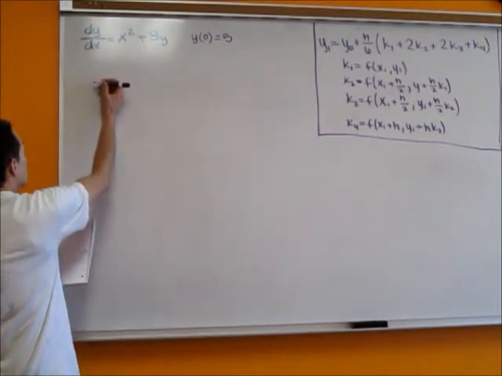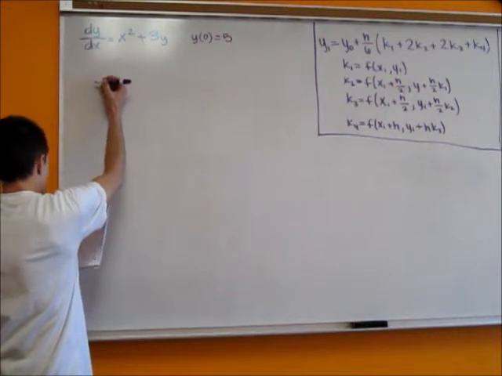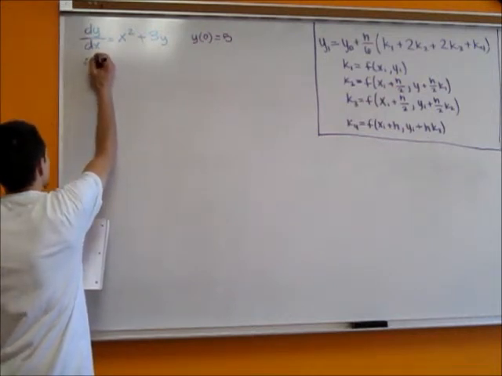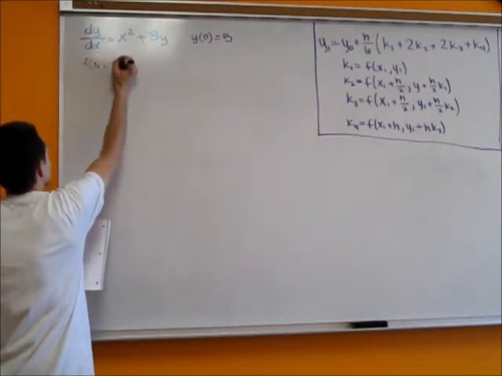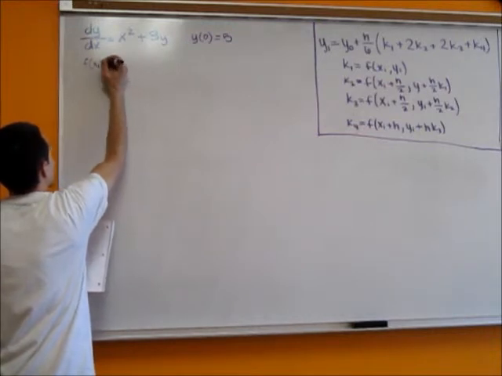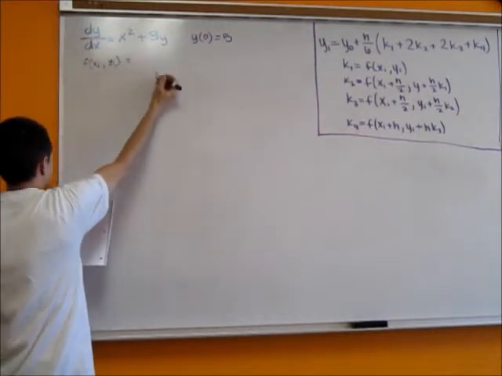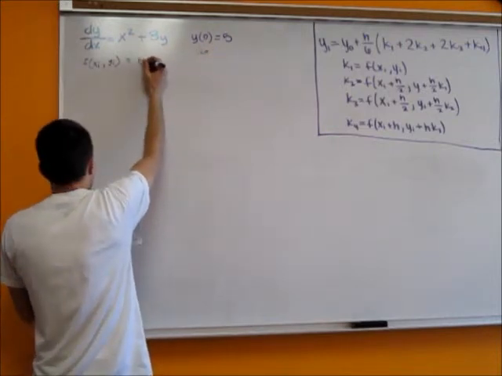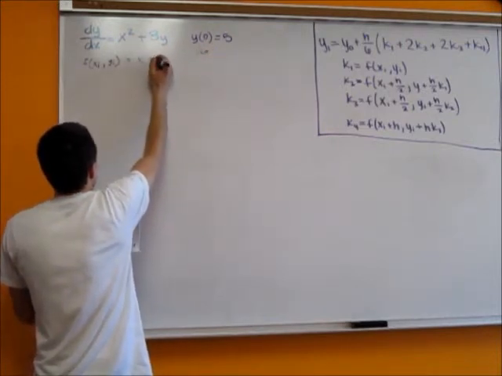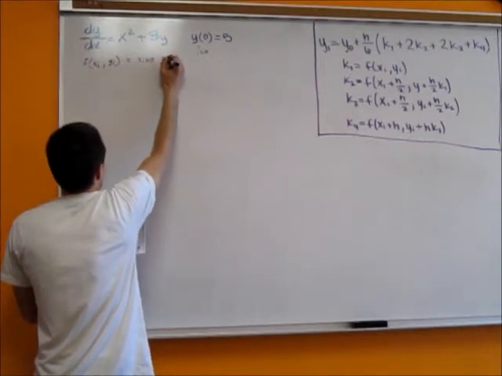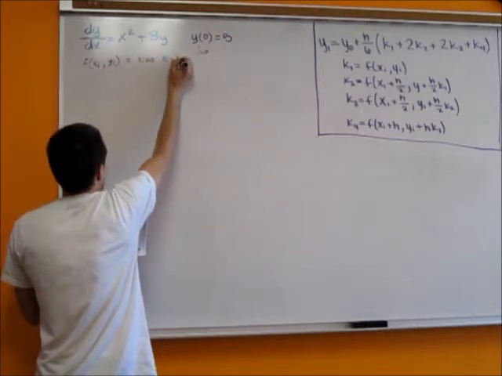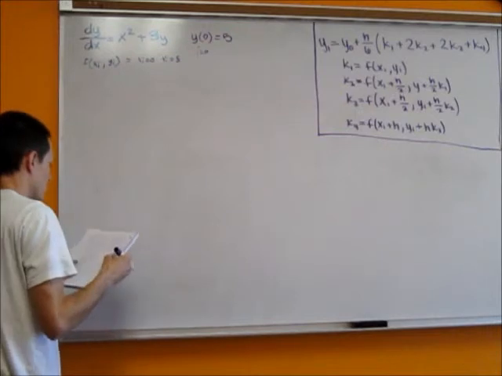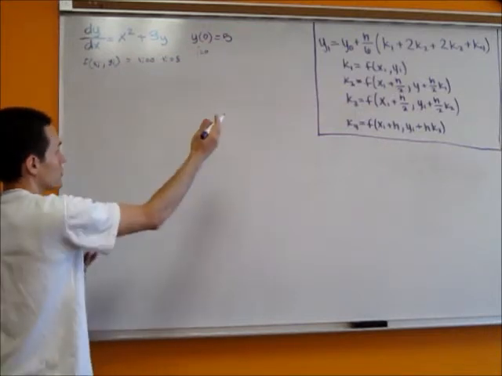So we know that our f of xi, yi, since i is 0, our xi is 0 and our yi is 5, because it gave us our initial there. So we'll use k1.